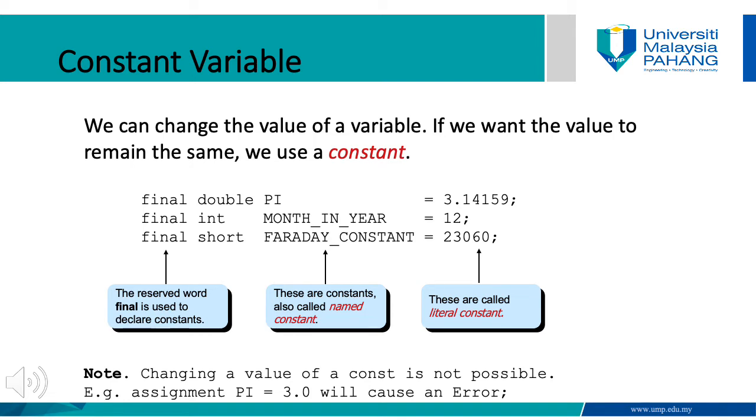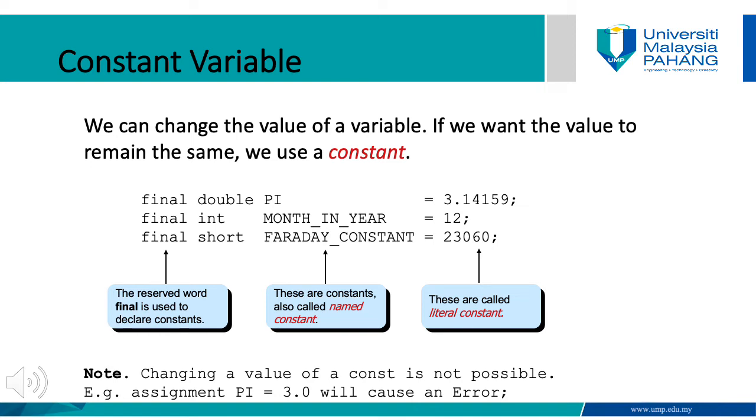So final is used to declare a constant. And here is the constant that we name as a named constant. For example, final int MONTHS_IN_YEAR equals 12.